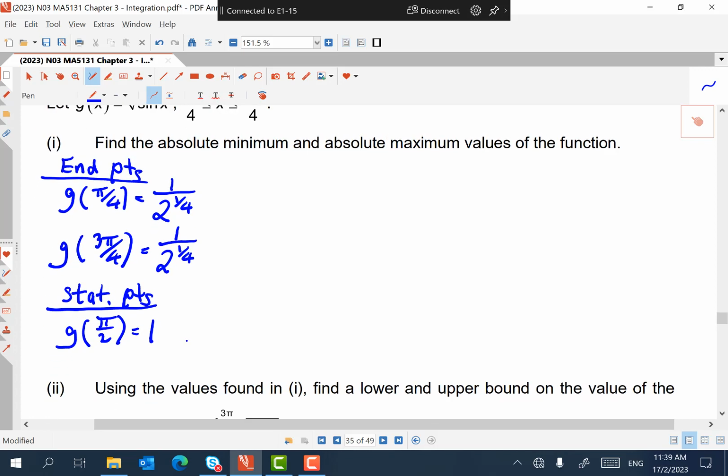Because when you differentiate this, when you do g prime of x equated to 0, you can calculate for yourself, you need to get x equals pi over 2. There's another one which is 0, but 0 is not within the interval from pi over 4 to 3 pi over 4, so 0 is omitted.